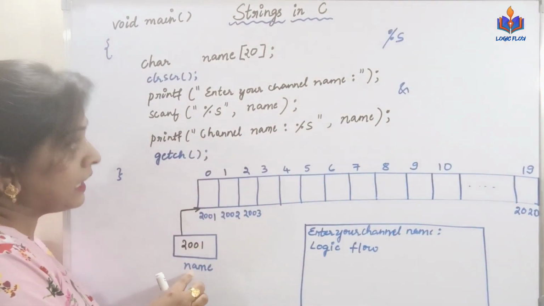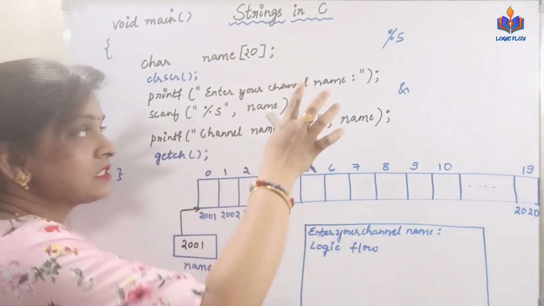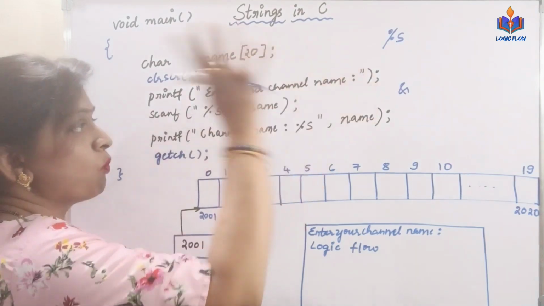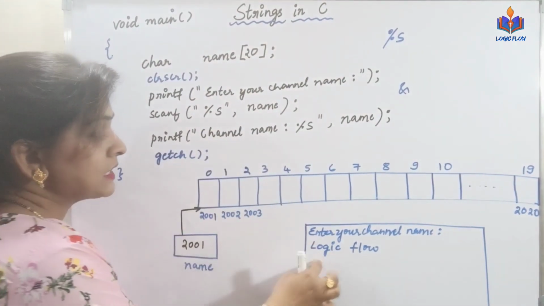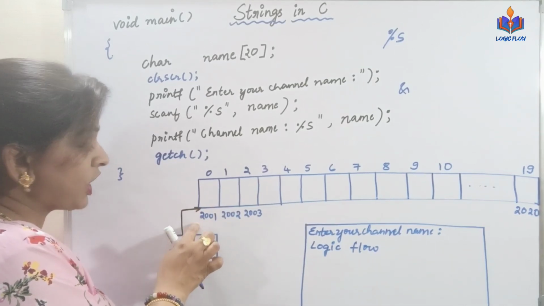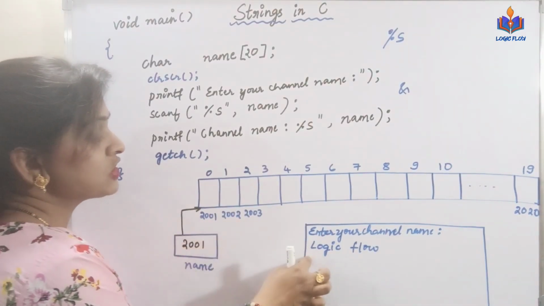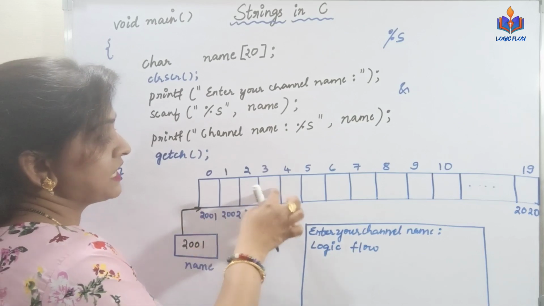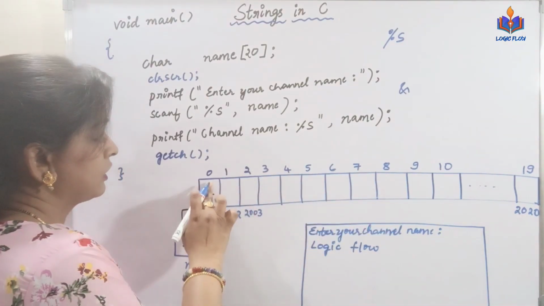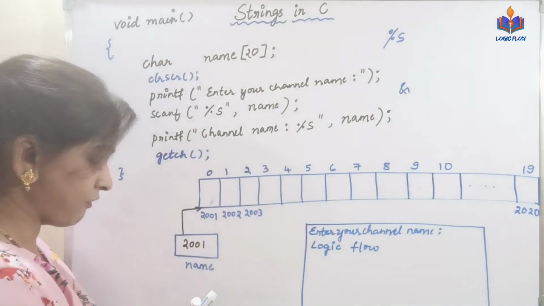Now, when I say name here, the compiler understands that it is the base address. So it is 2001. Accept this string into the location 2001. Each and every character will be stored in the next subscript values. So let me write here the values.